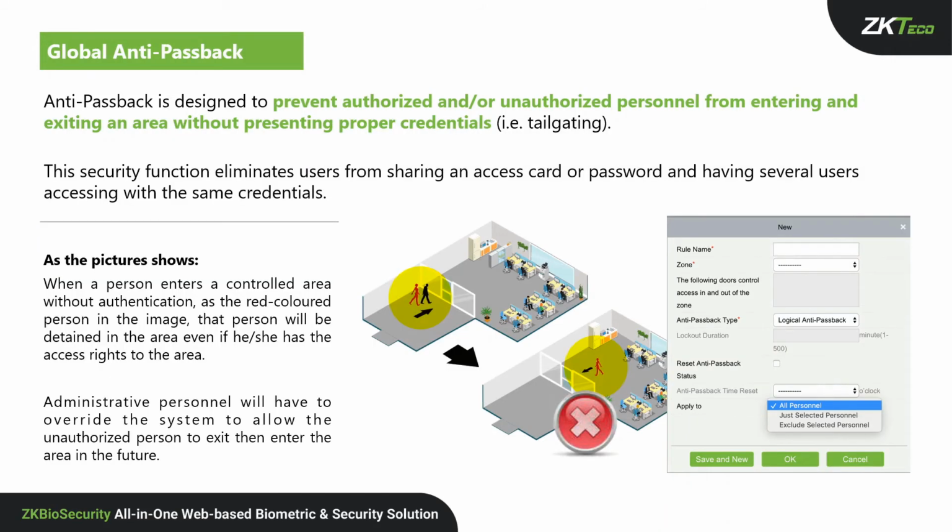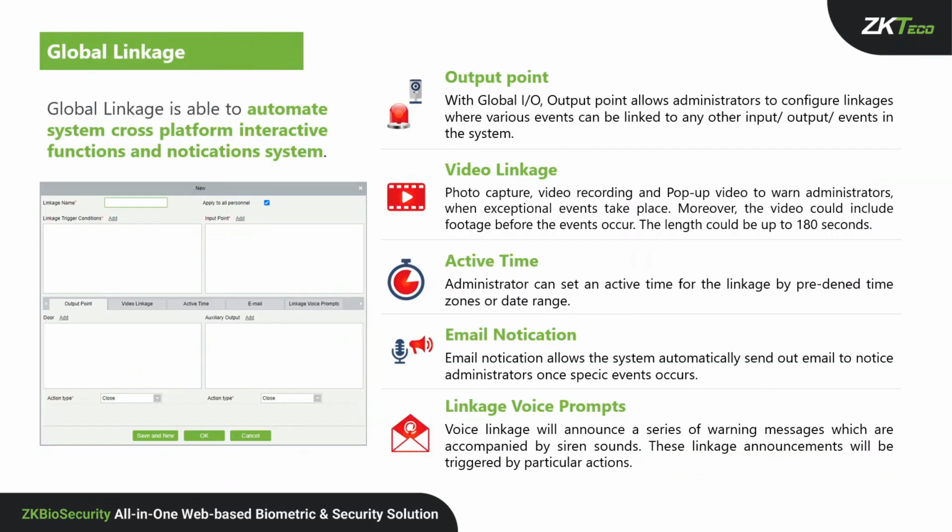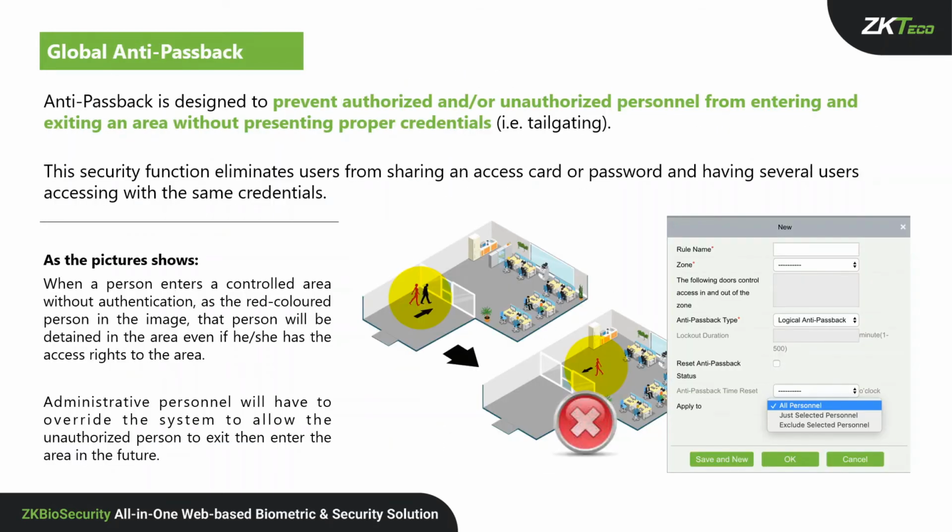Global anti-passback. The difference between our global anti-passback and the standard anti-passback is that standard anti-passback works only within that particular controller, but global anti-passback works between different controllers or multiple devices. For example, you have 10 or 5 controllers or devices.